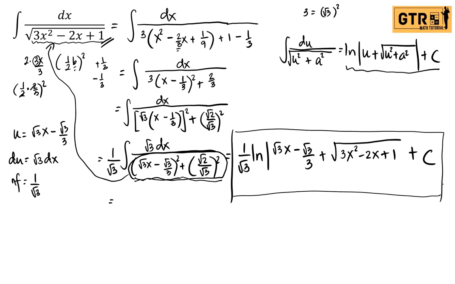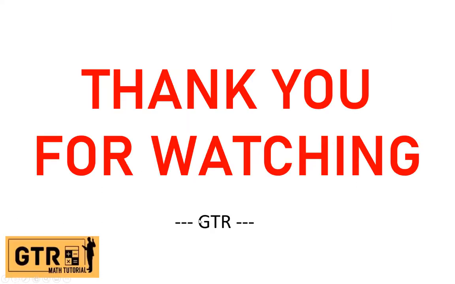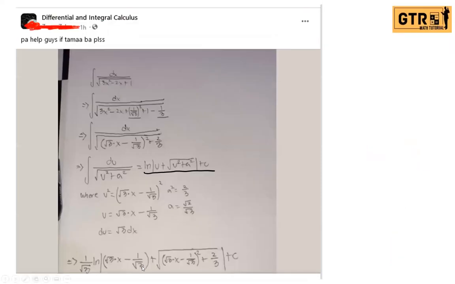So let's go back to the post of one of the followers of Differential and Integral Calculus. Let's see if we have the same answer. Okay, so 1 over square root of 3 ln of square root of 3 times x minus 1 over square root of 3. 1 over square root of 3 is the same as square root of 3 over 3, we just rationalize.